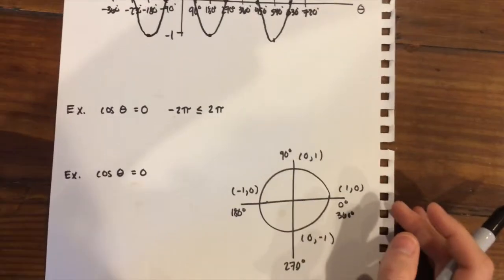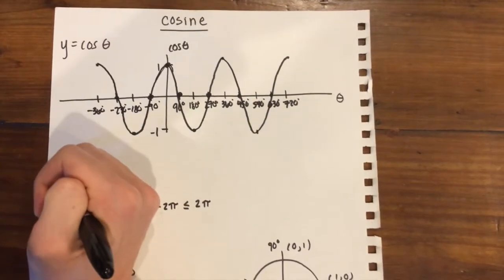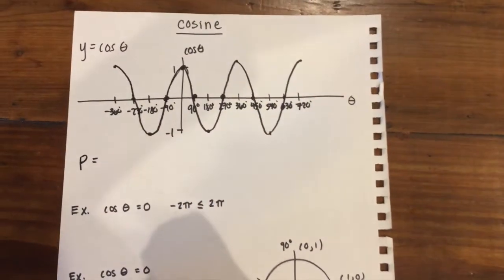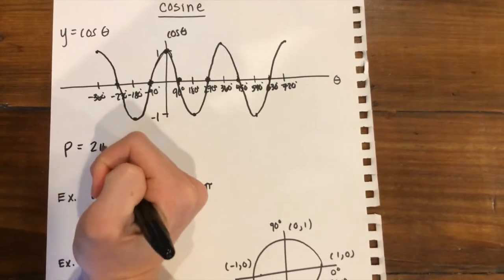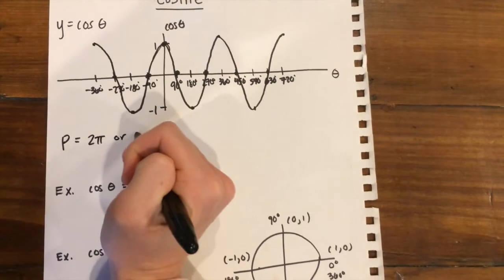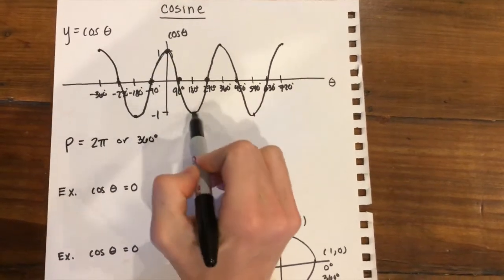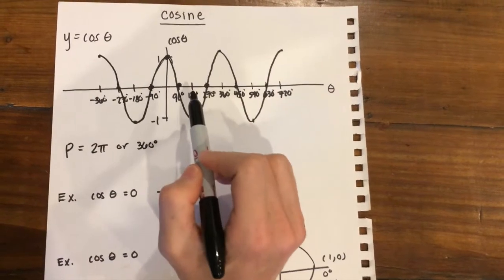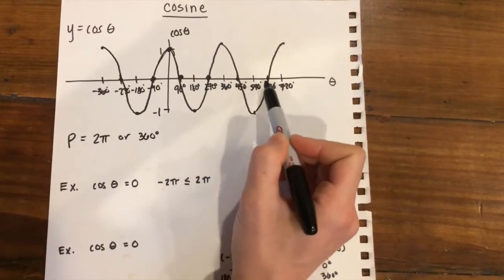So let's look at these examples. Well, actually, let's look at the period and the midline, all that stuff first. So period. So what's the period of this function? So the period is either 2 pi if you're in radians, or 360 degrees, because it's the same thing. Top to bottom, back to top is 360. You could start here, top, bottom, back to the middle.